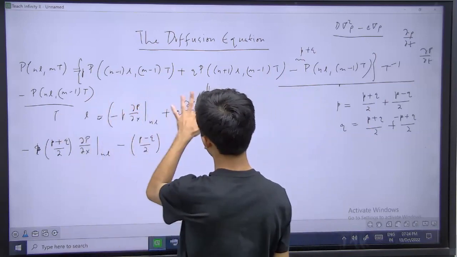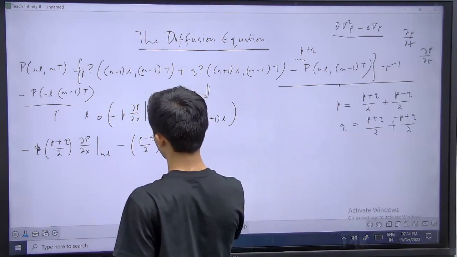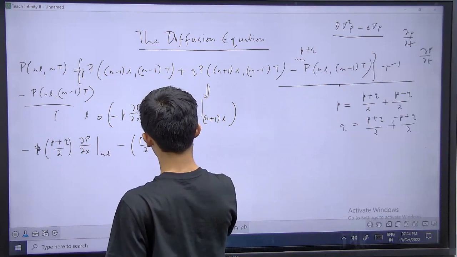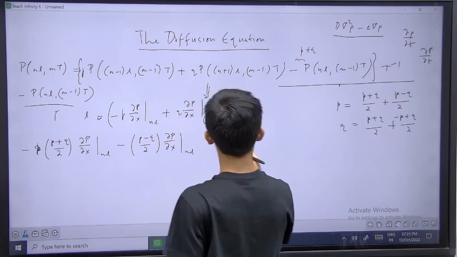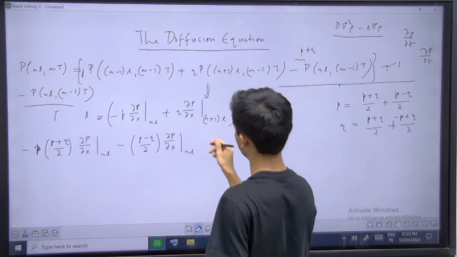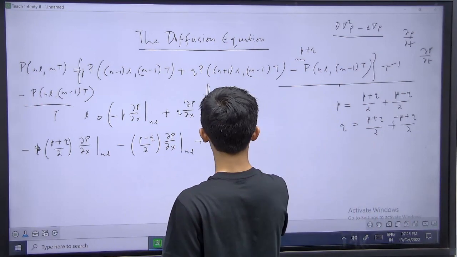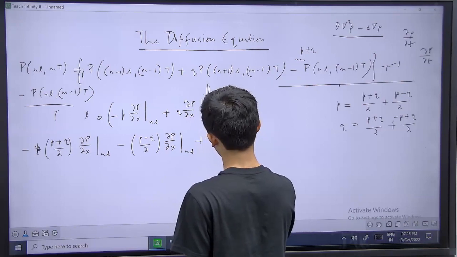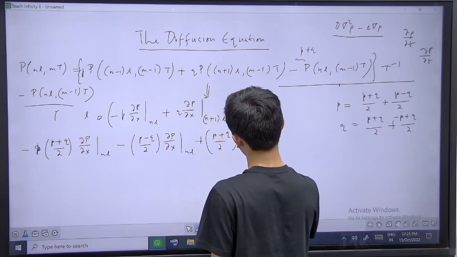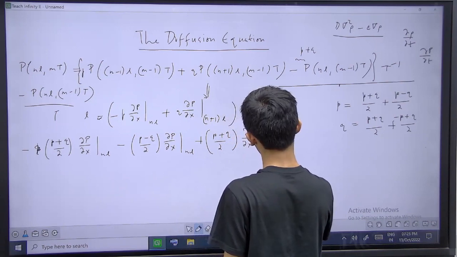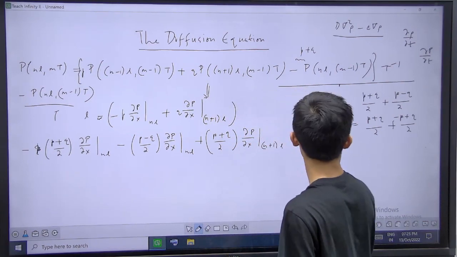So I will still continue this inside part irrespective of this. Del P by del S at n, and now we have this plus sign, (P plus Q)/2 times del P by del S at (n plus 1)L.